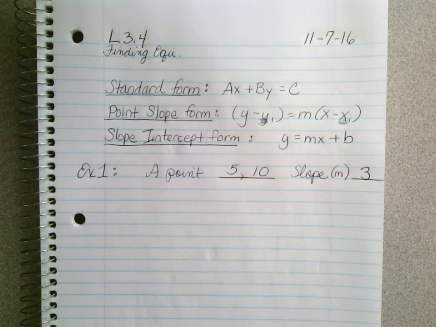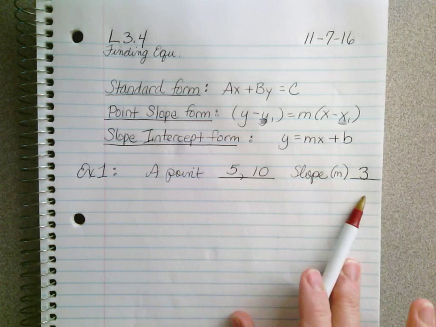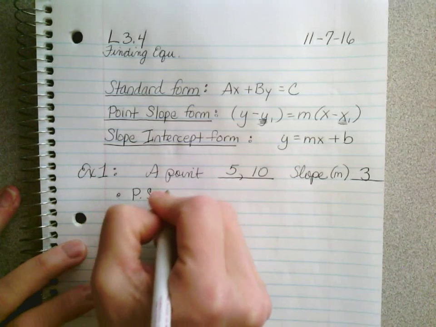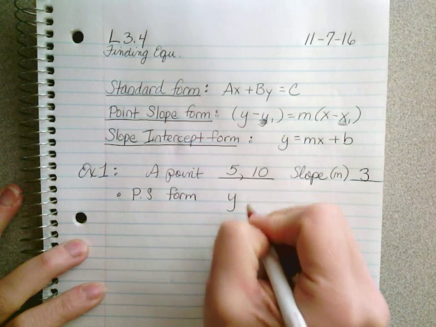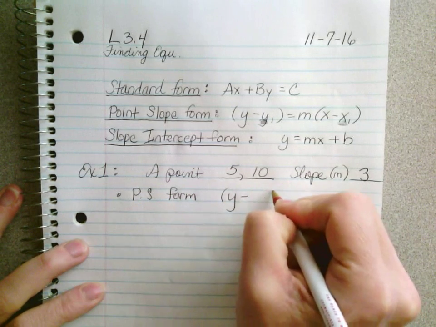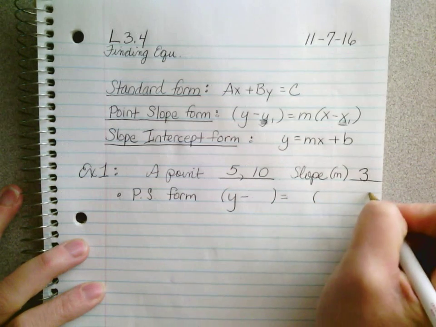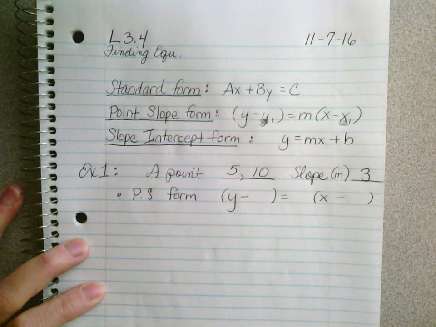If you are given this data and you are told, find an equation in standard form of a line containing the point (5, 10) and having a slope of 3, step 1 is going to be to quickly sketch out point slope form: y minus y1 is equal to m times x minus x1.